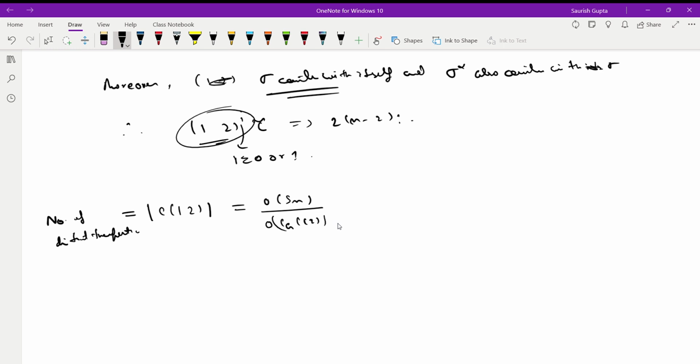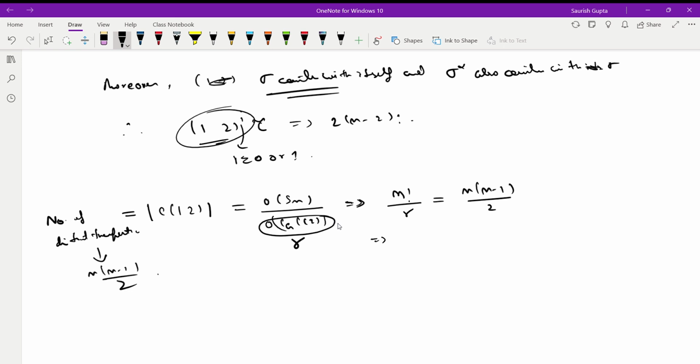So this must exactly be equal to the number of distinct transpositions. And how do we calculate distinct transpositions? This is exactly n times (n minus 1) upon 2, right? So this gives us the number of distinct conjugates of (1 2). Suppose I don't know the order of the centralizer of (1 2); suppose it is R. So I have n factorial upon R equal to n times (n minus 1) over 2.